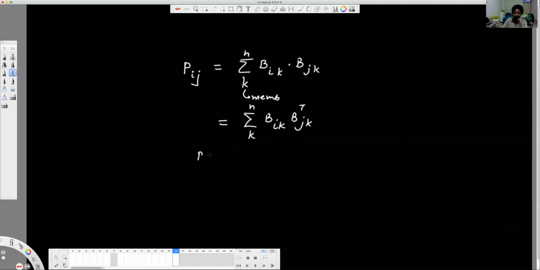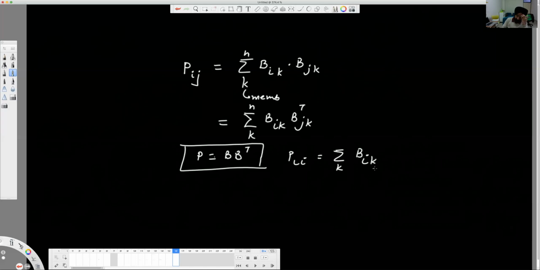So your P is nothing but B transpose, which is symmetrical again, a weighted network, symmetrical. The diagonal PII would be what? It is going to be sum over K of BIK, which is telling you how many members node I has, right?